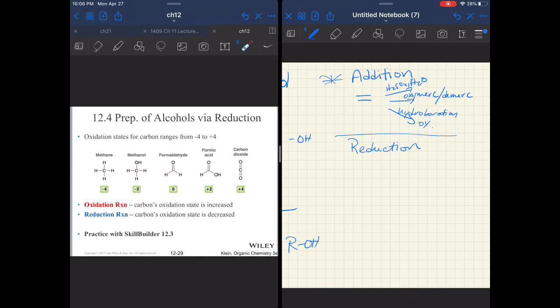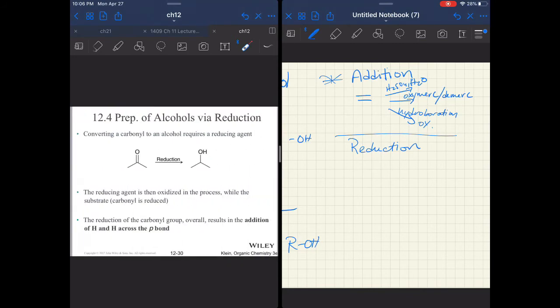The oxidation state's decreasing. Now for reduction, we need a carbonyl: 2 bonds to oxygen being reduced to 1 bond to oxygen. So we're going to have some sort of carbonyl compound giving us an alcohol compound. So what are we doing? We're adding H2 across the bond.